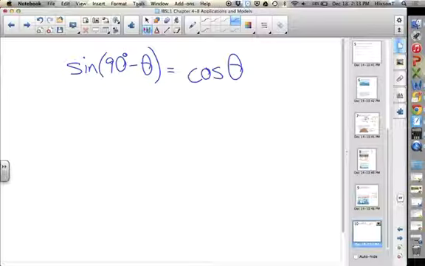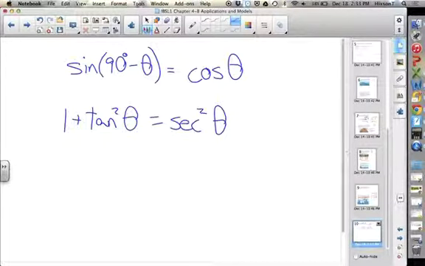Because really that's the biggest reason why this works, is that this is 90 minus theta and that's theta. How about this? Secant squared theta, okay?